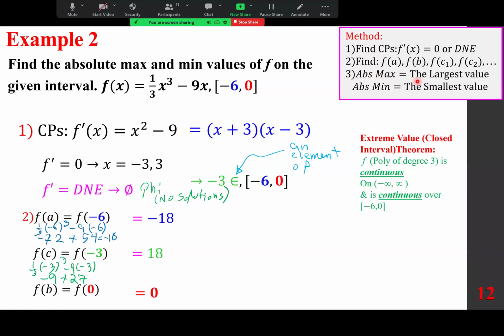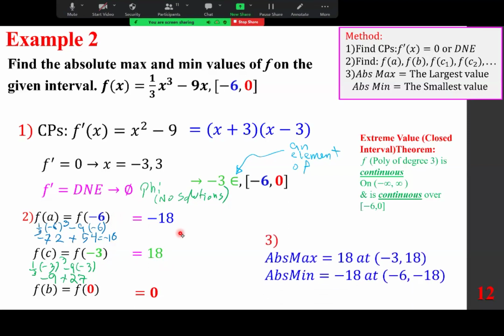Now, third step: the absolute max is the largest, and the absolute min is the smallest. The absolute max is 18 at -3, 18, and the absolute min is -18 at -6, -18. They may want the pair, or they may want the x coordinate only. You want to pay attention to how they want you to answer the question.